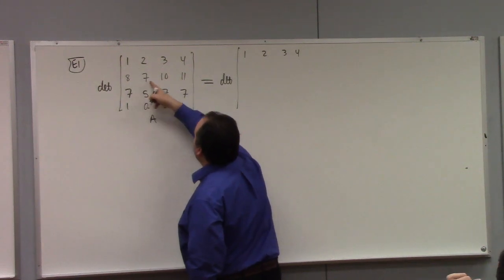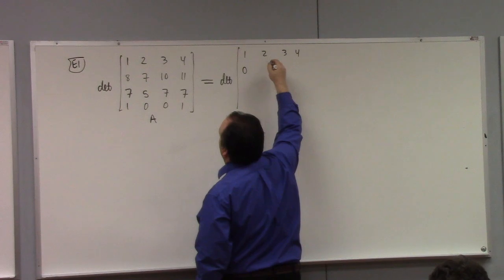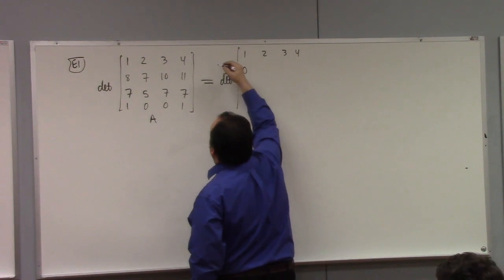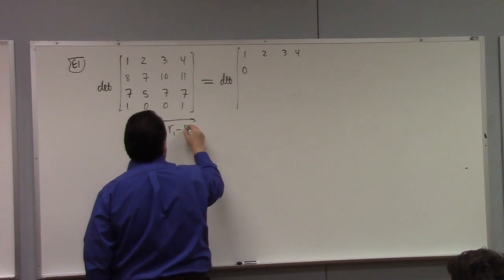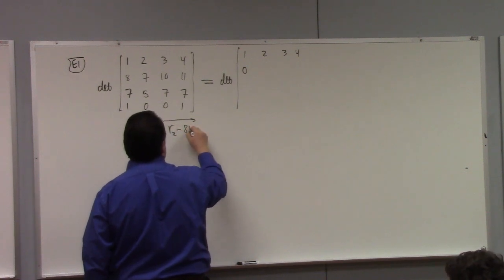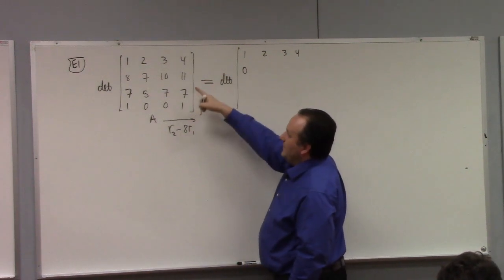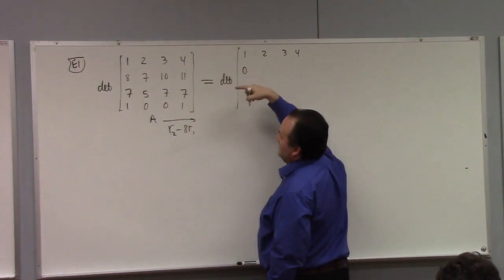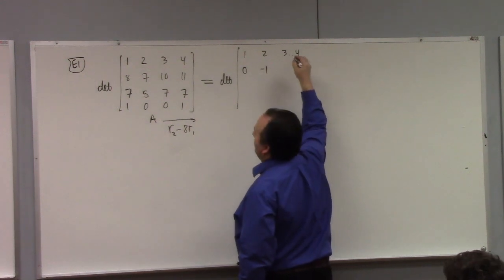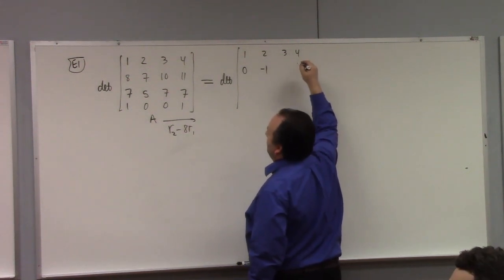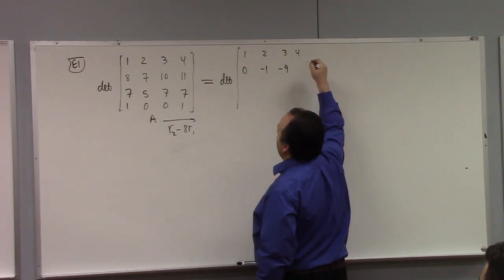Minus 8 times row 1 from row 2, we get what? Sorry guys, row 2 minus 8 row 1. You guys help me out. What's row 2 minus 8 row 1 for that matrix? Oh, -1? Okay, yeah. And then -9, and then? For the second one, where it's -1 it was -9.